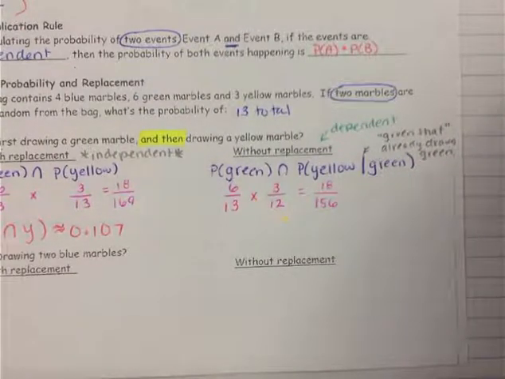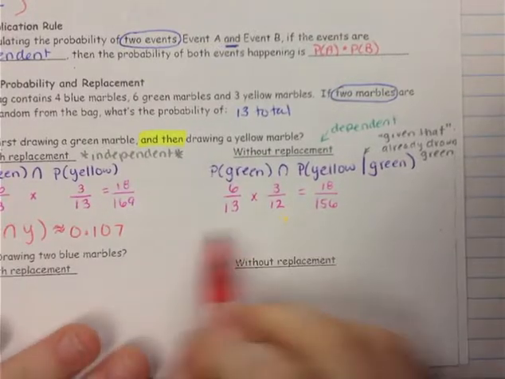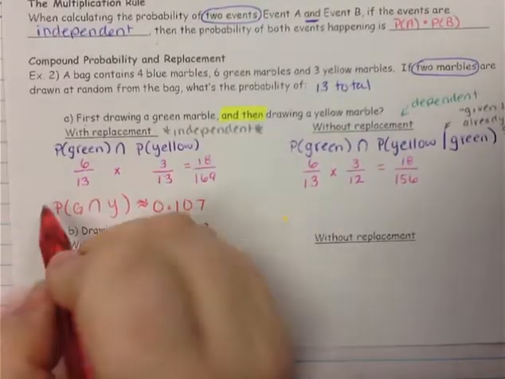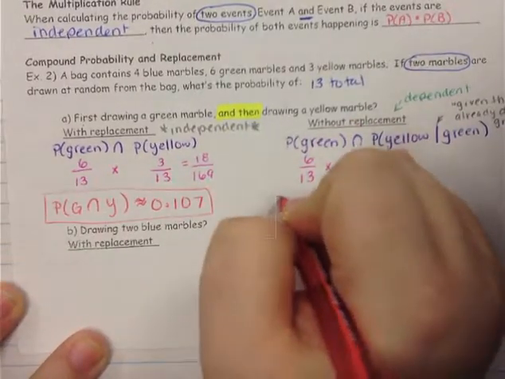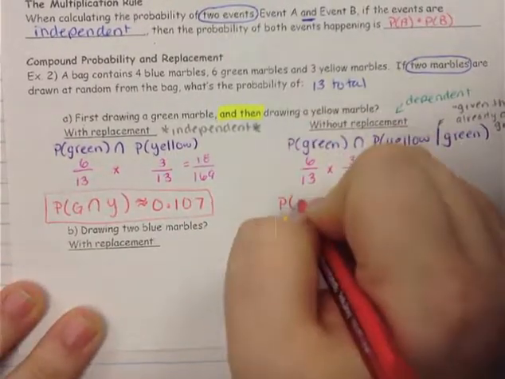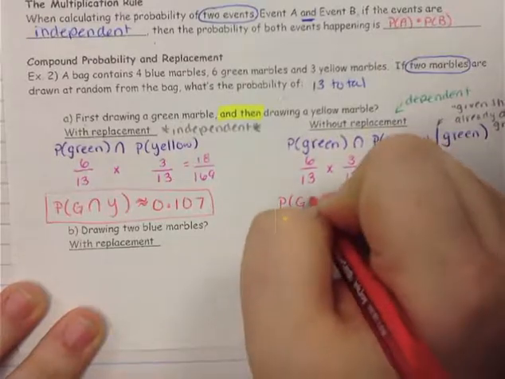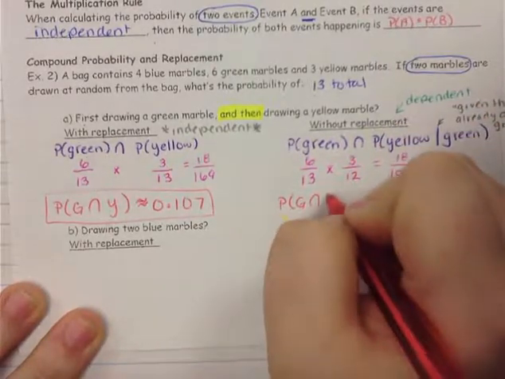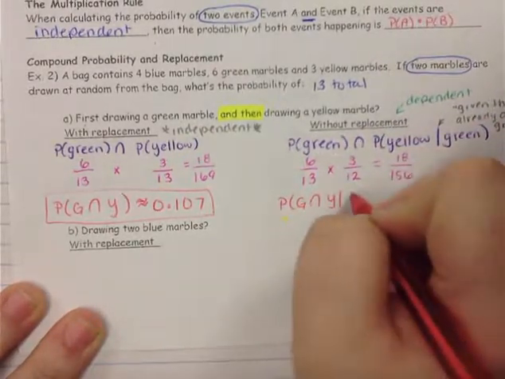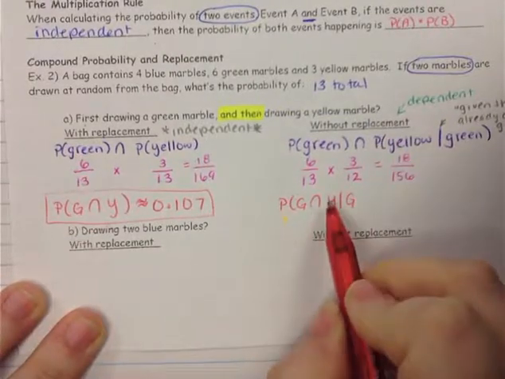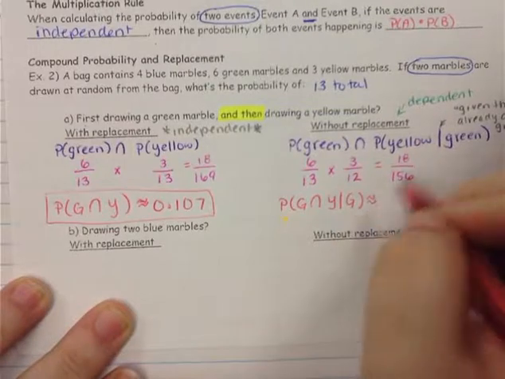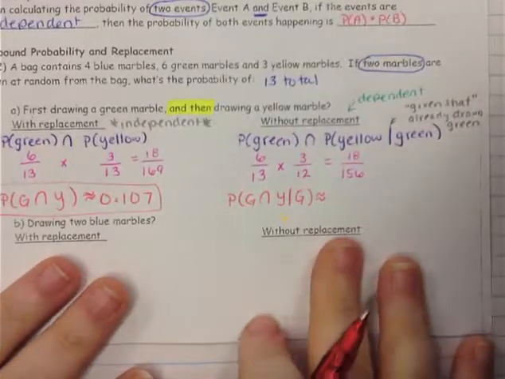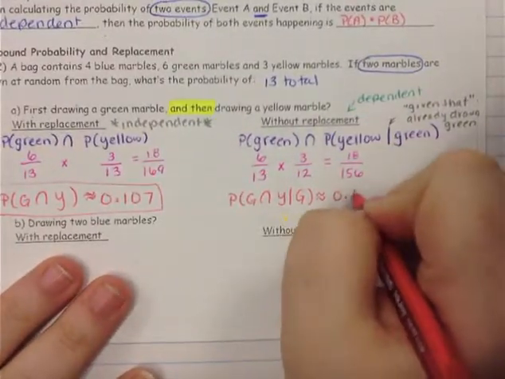Now we're just going to write it as a decimal. I'm going to write out the notation differently like I did over here for this answer. I'm going to put P of G for green, intersect Y given G. So that's Y given that we never replaced the green. Is approximately, so 18 out of 156 is 0.115.